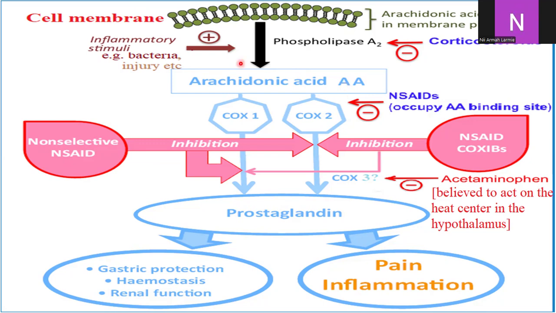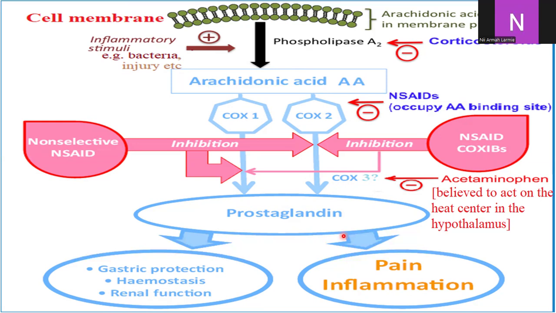Because once arachidonic acid has been released, the enzyme cyclooxygenase, which is here portrayed as COX, is going to act on arachidonic acid to release prostaglandins. Prostaglandins are the mediators of pain and inflammation. So the release of prostaglandins is what leads to the inflammation and the pain.